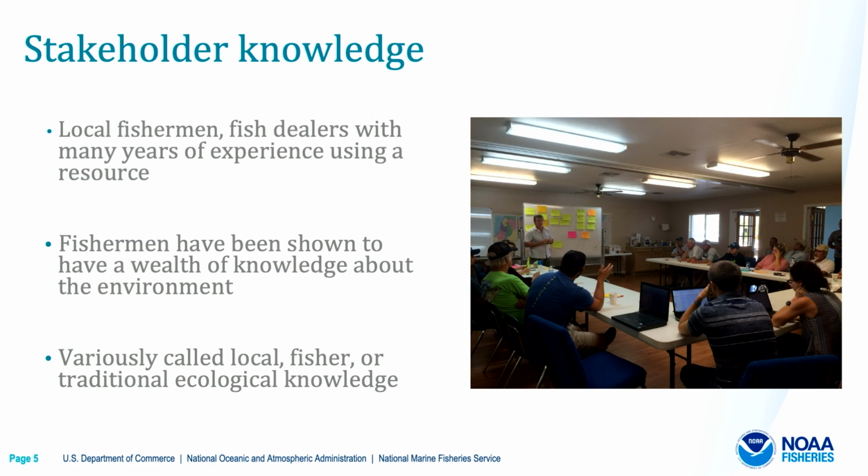We took advantage of stakeholder knowledge. Stakeholders are local fishermen, fish dealers, anybody with many years of experience using a particular fishery resource. A lot of research has shown that fishermen have a wealth of knowledge about the environment. They are on the water often almost 24/7, and they're observing the ecosystems in which they live and thrive.